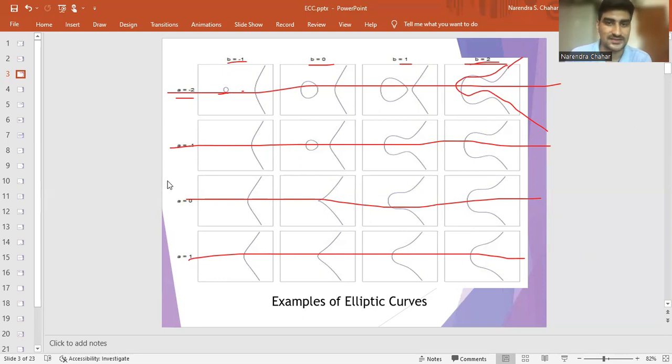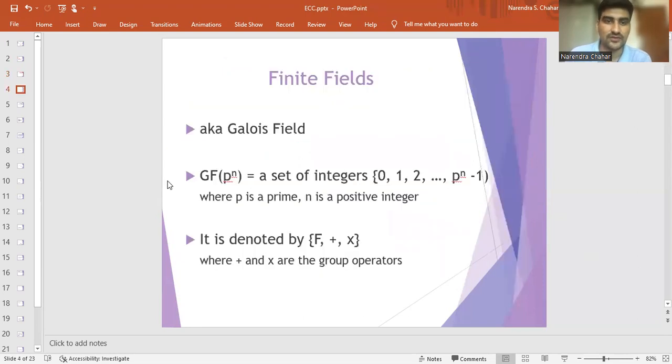Now, when we talk about finite fields, we can say it's a Galois field. What is the Galois field? It is a set of integers from 0 to p raised to power n minus 1, where p is a prime number and n is a positive integer.